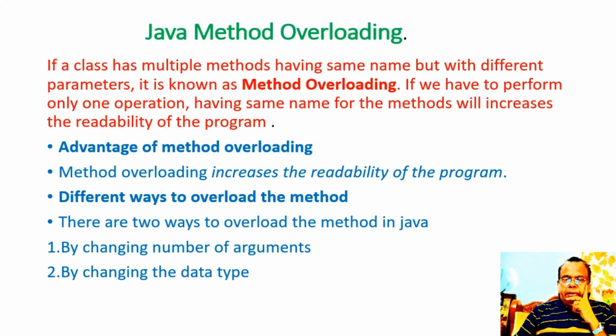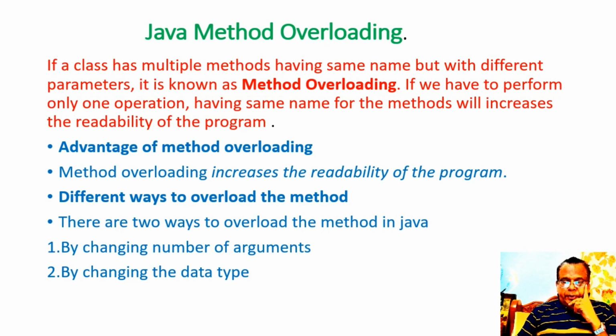Java method overloading. If a class has multiple methods having the same name but with different parameters, it is known as method overloading.